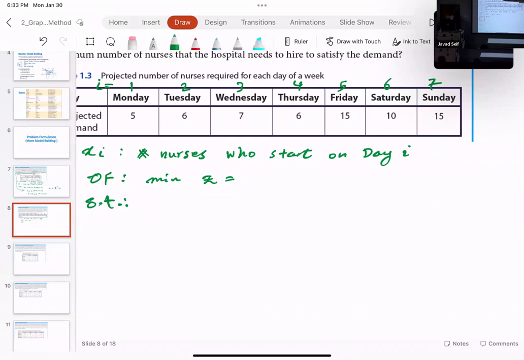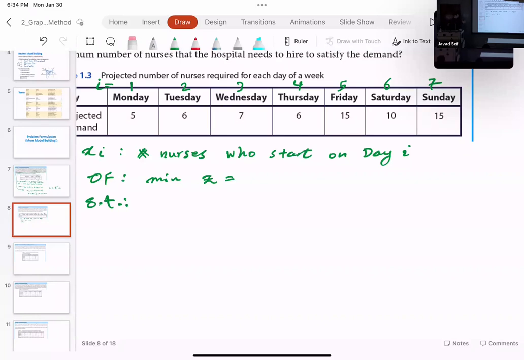What do you think about the objective function? So how many do we end up hiring? Anyone?